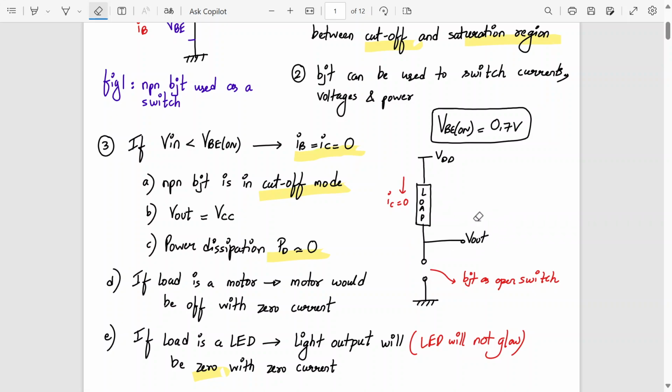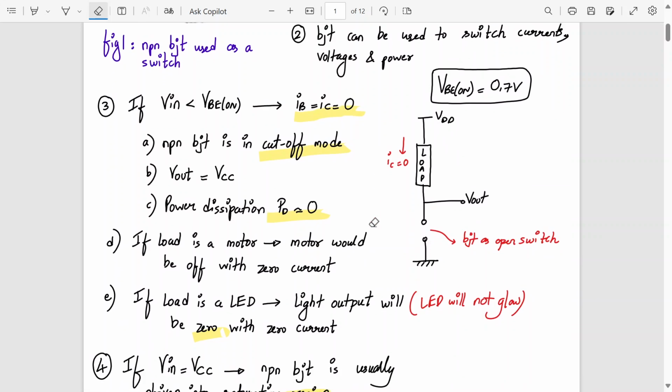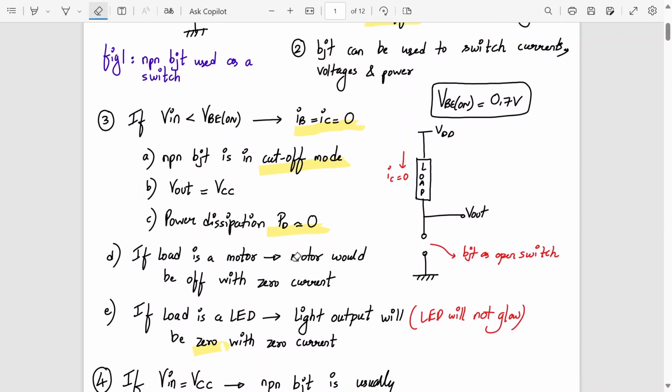So whatever voltage at VDD is, same will appear at the Vout. So Vout will be equal to VDD in this case. Okay. So if there is a motor, it will be off with zero current. If the load is LED, then the light output will be zero with zero current. LED will not glow. So here it will act as an open switch.